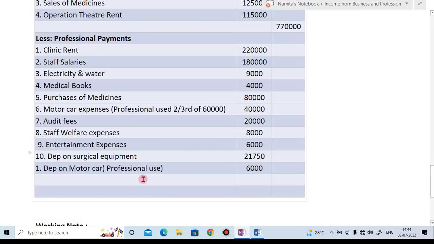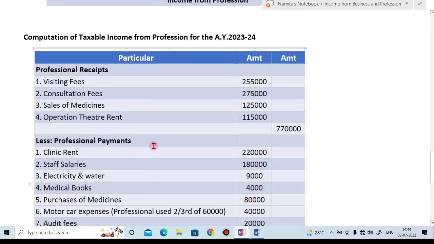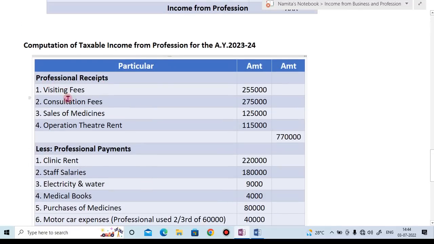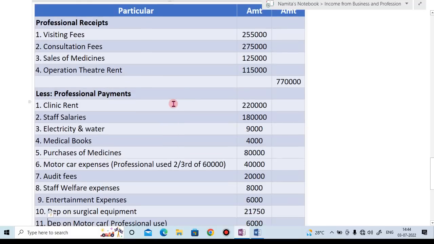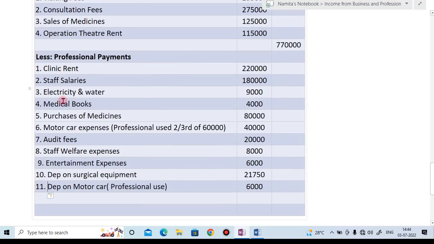So all the adjustments we have solved, as well as all the payments we have taken into consideration. Now see, the professional receipt total is 7,70,000 and less professional payment total. There are 11 professional payments.